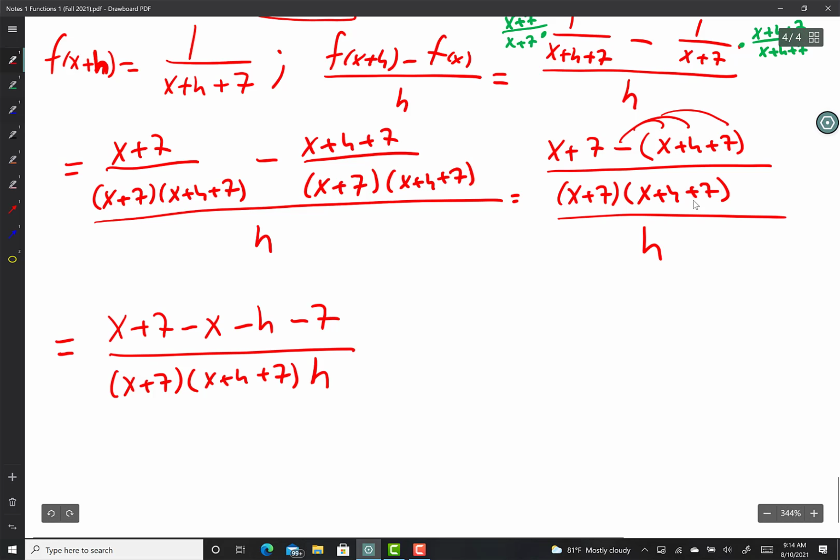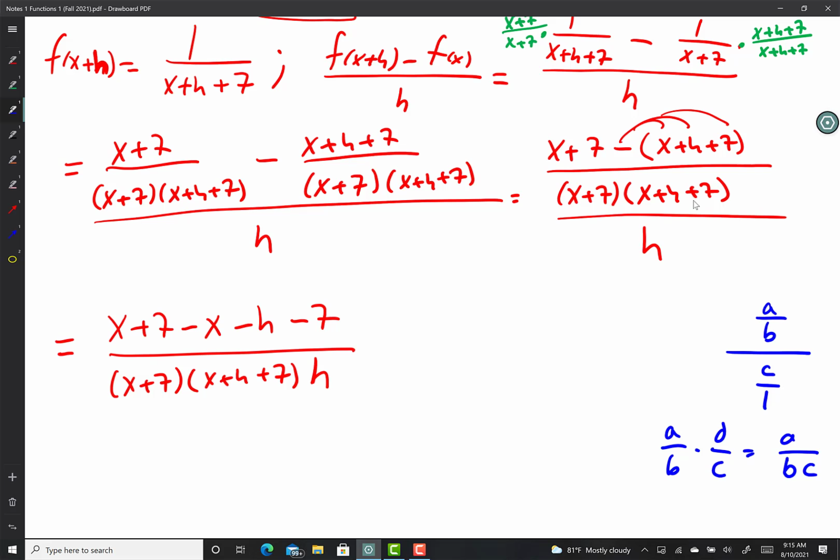Side note, guys. If you have A over B divided by C over D, hopefully your Algebra 1 teacher told you keep, change, flip. A over B times D over C, so you get AD over BC. Well, what if I told you that D is 1? Then it's like A over B divided by C, right?